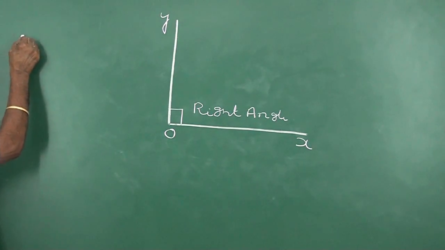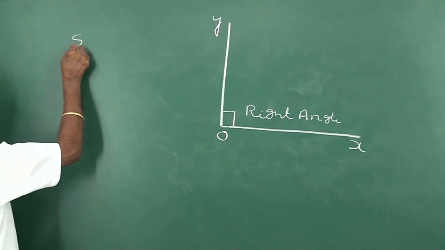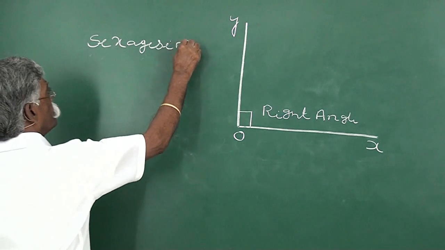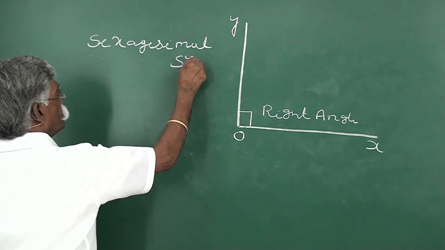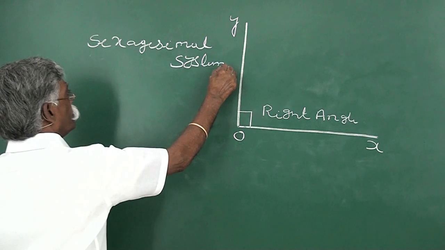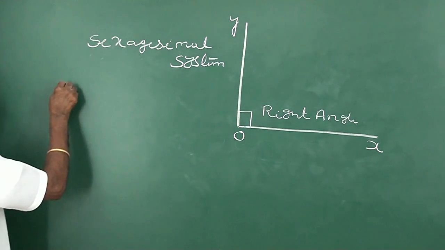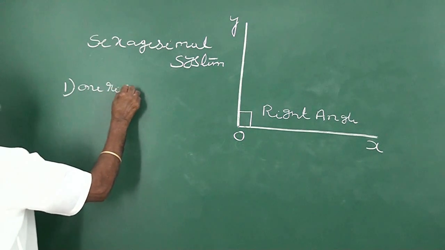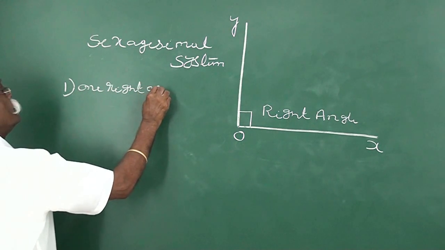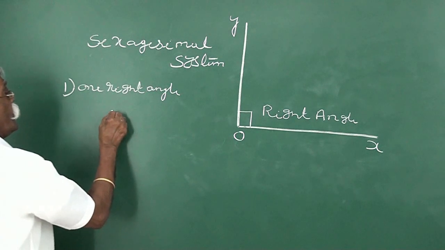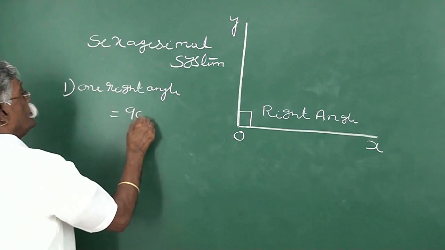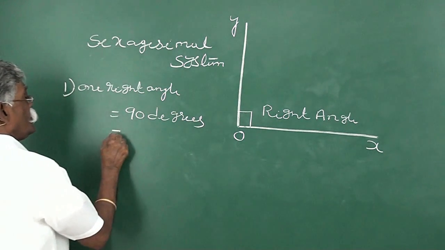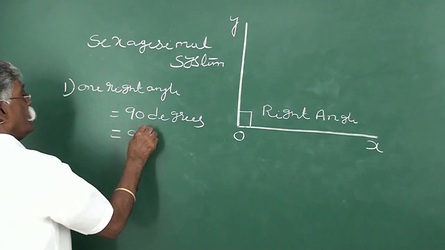Hence, in a sexagesimal system, one right angle is equal to 90 degrees. Symbolically, this is written as 90 degrees.